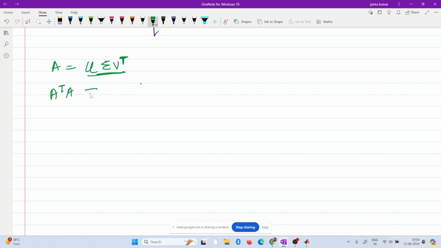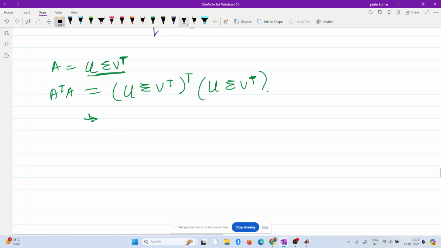So A transpose A is equal to U sigma V transpose, transposed, times U sigma V transpose. You might know the property that the transpose of AB is B transpose A transpose. We are going to use the same property.